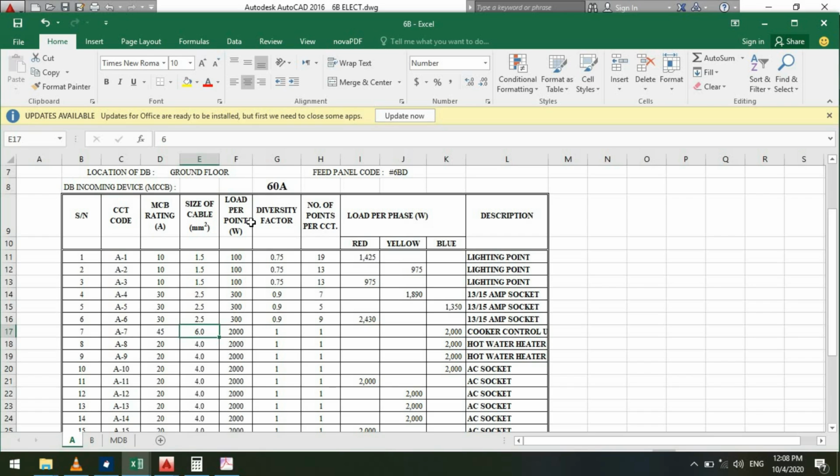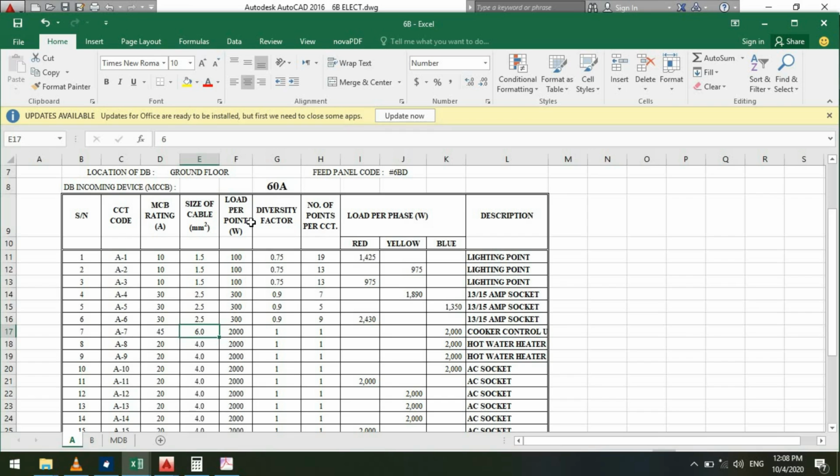We have the diversity factor for circuits, which is under IEC standard. Likewise, we have diversity factor for switchboard, diversity factor for distribution network, and we also have the diversity factor for buildings. I will be elucidating this in a further video.